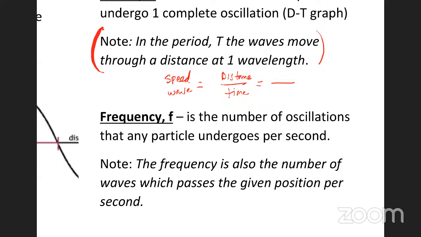Oh yeah, yeah. That's the formula, but I wanted to develop it. That's pretty good.